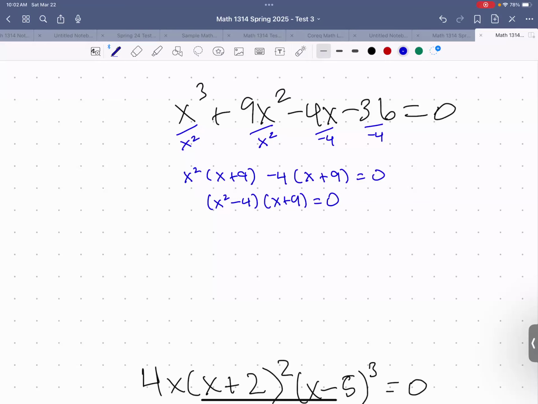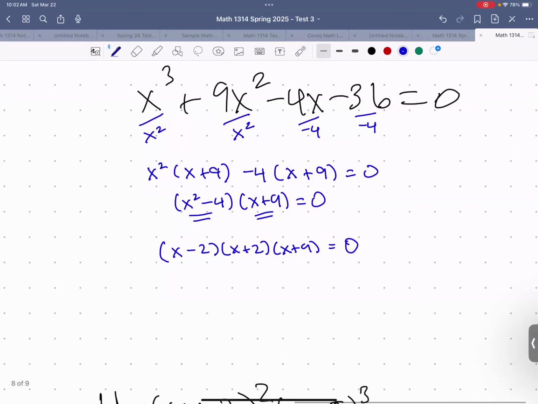This is factored. This factor is linear, but this one is not. If it's not a linear factor, we should go ahead and try to factor further. X squared minus 4 is a difference of squares, so it should factor into a conjugate pair. So it will factor into x minus 2 times x plus 2. And then we have the x plus 9 that we had from the original factoring, whole thing equal to 0.